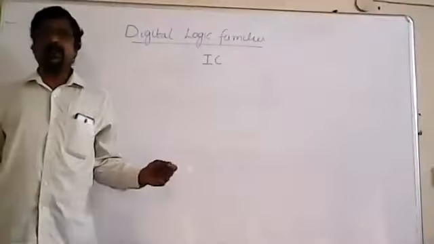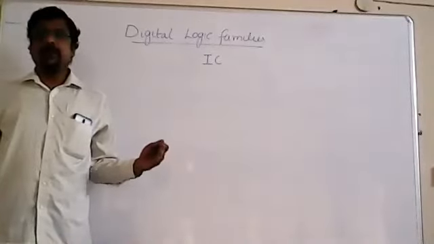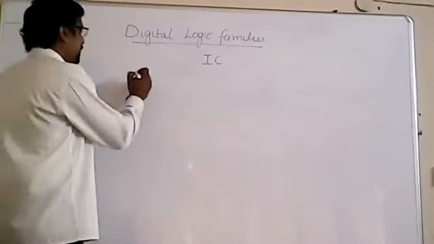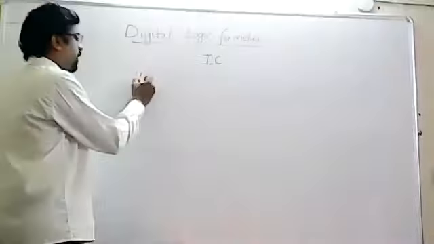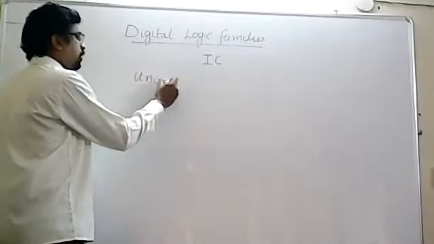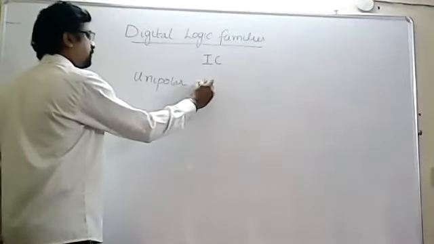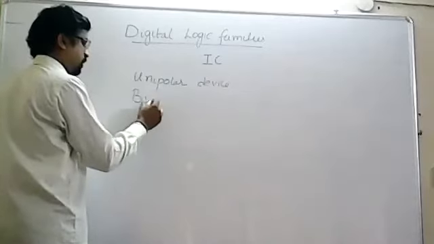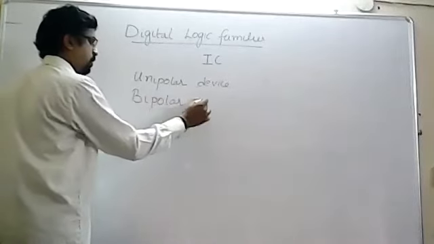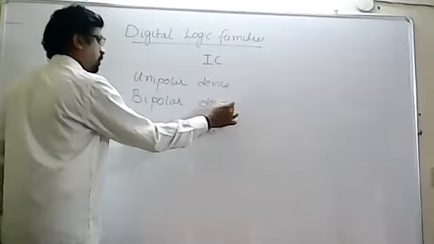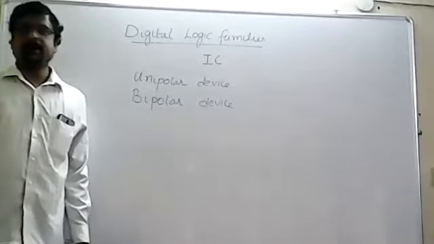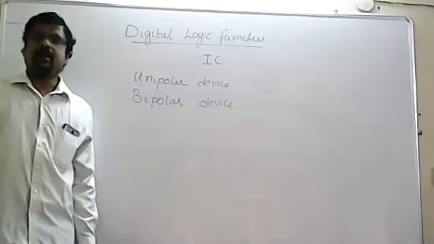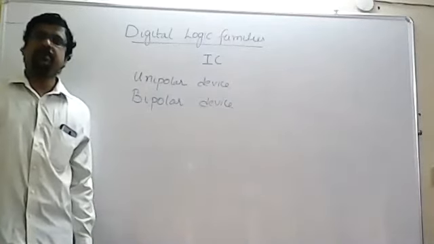Now, when I say they are fabricated using an IC, if I take any IC, there are two things. What are those two things? It is manufactured either by a unipolar device or a bipolar device.